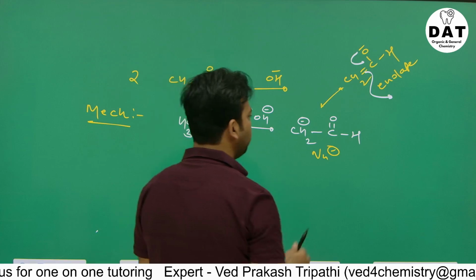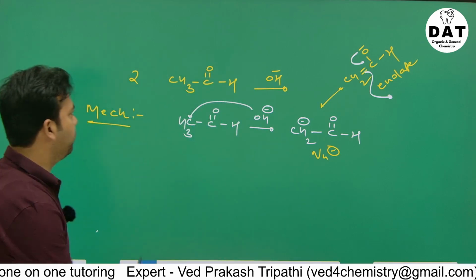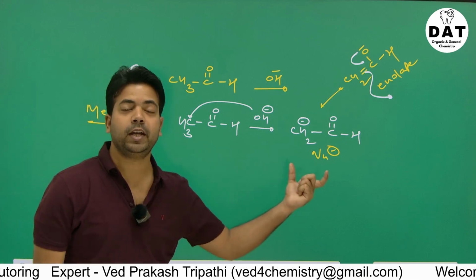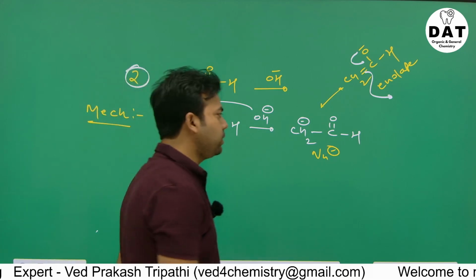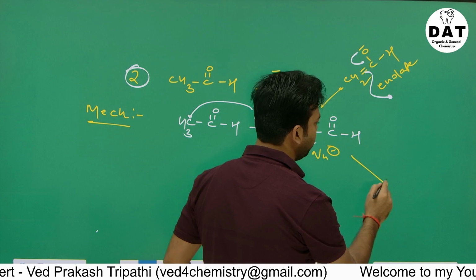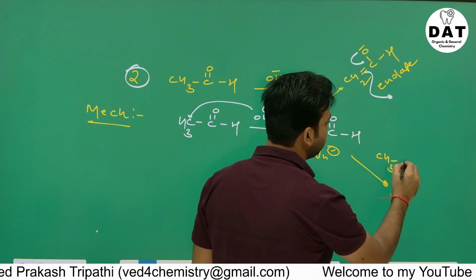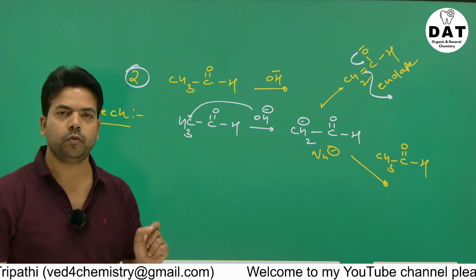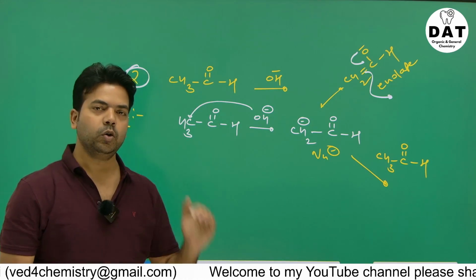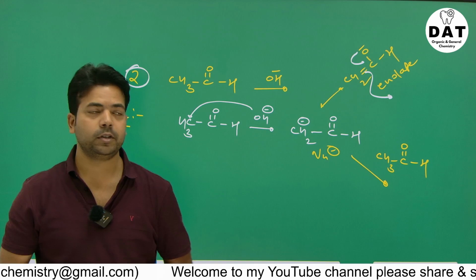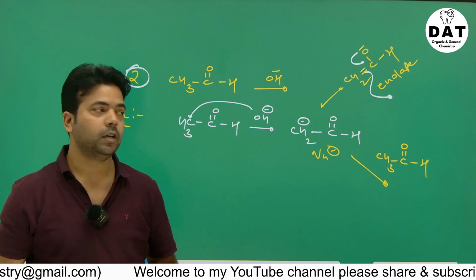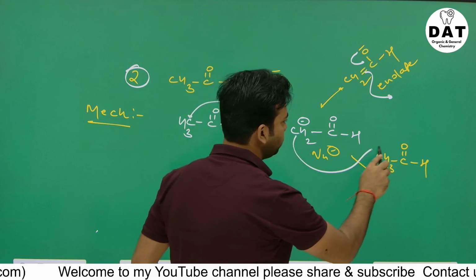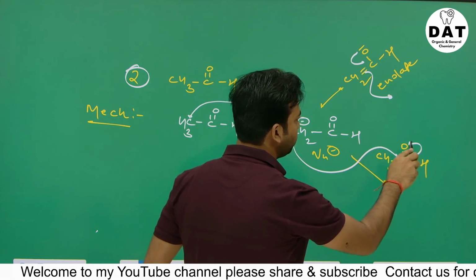While here, this is my nucleophile and we know that we have 2 moles of this aldehyde. So 1 mole is used to make a nucleophile and now we have a second mole, this one CH3CHO. We all know there is a reaction called nucleophilic addition, which means the nucleophile attacks the carbonyl carbon. This is the carbonyl carbon, and this one is a nucleophile, so it attacks like this and this bond is going to break.